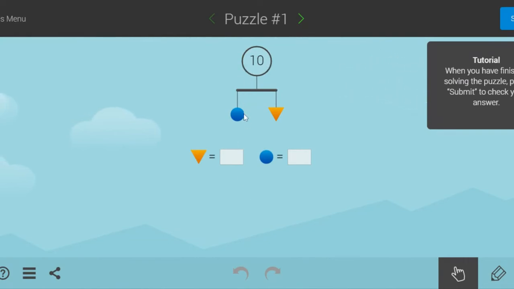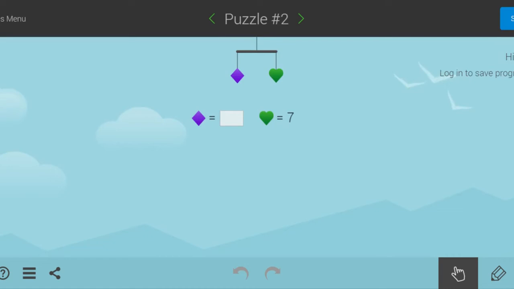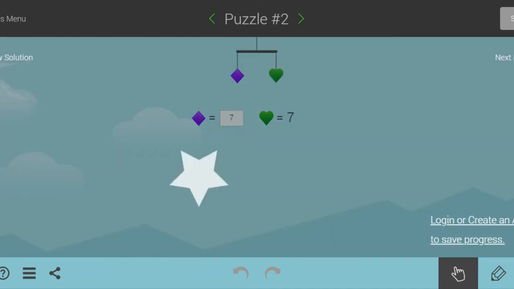I know here that I have a 10, so I know that, and they're equal, so they have to be the same number. So on one side, I would put 5, and on the other side, I would put 5 in order to balance my equation. And I can submit and go to the next puzzle. They do get progressively harder. I do know that if these are balanced, if this is a 7, this would also have to be a 7.